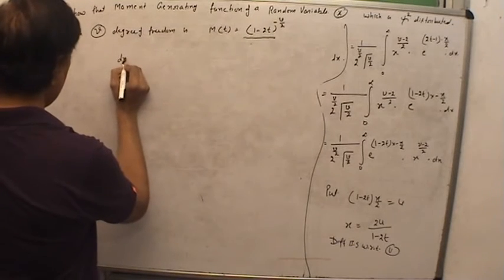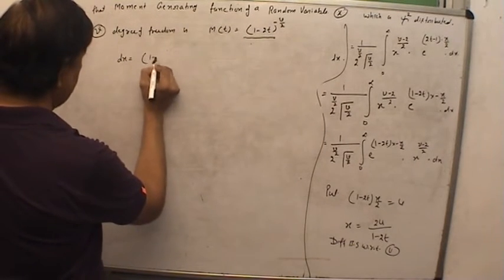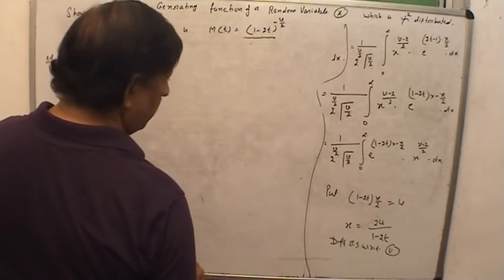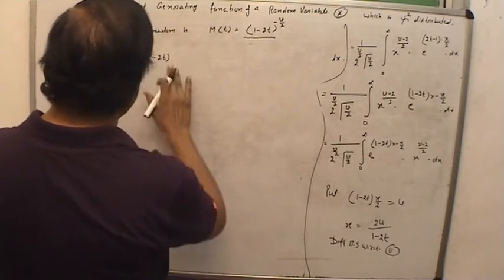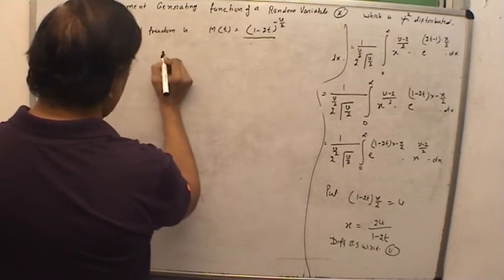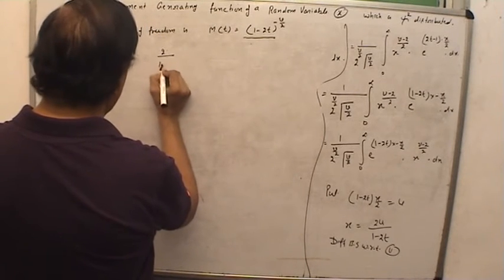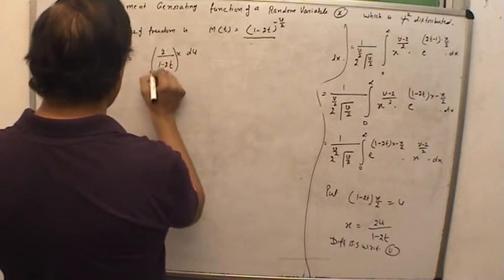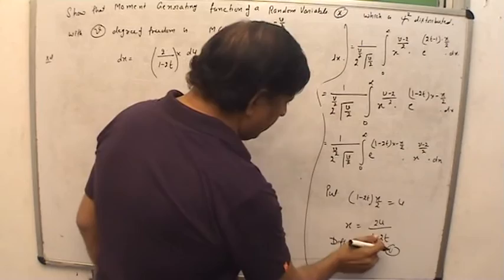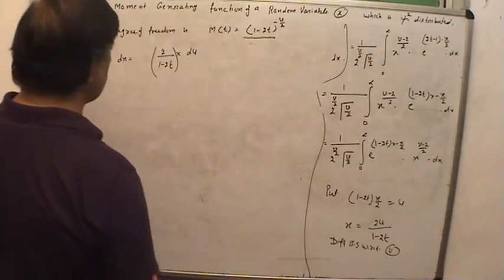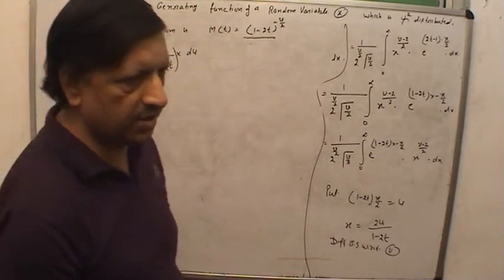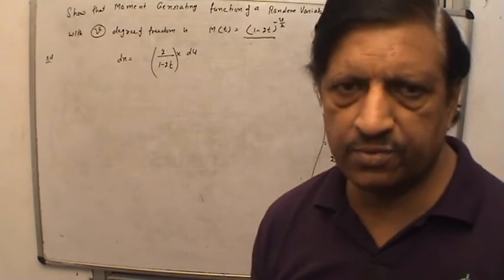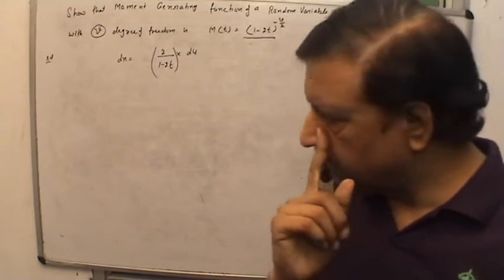dx is equal to 2 upon 1 minus 2t into du. This factor 2 upon 1 minus 2t behaves as a constant because the original variable was x and we have substituted x in terms of u.